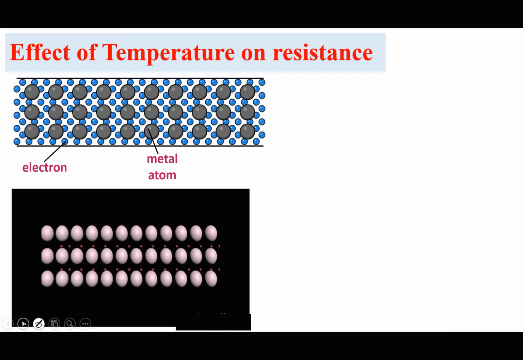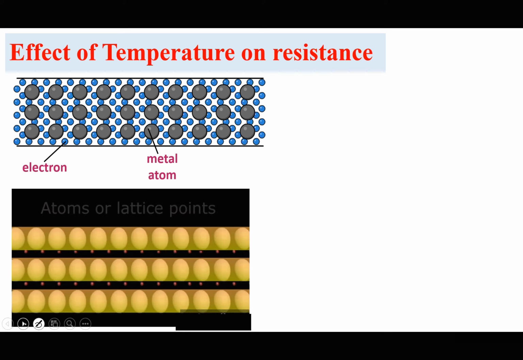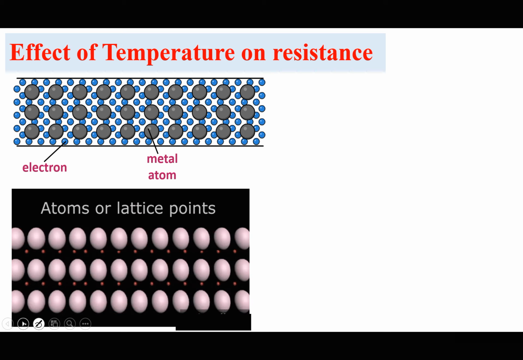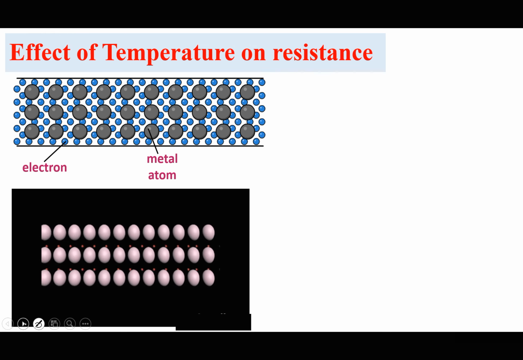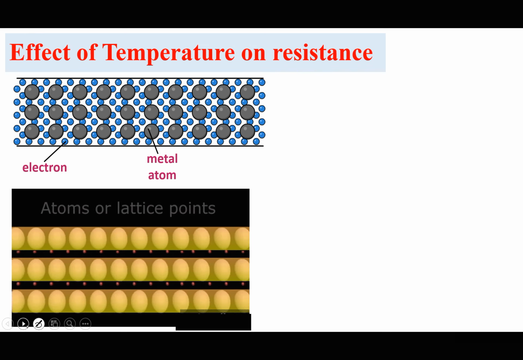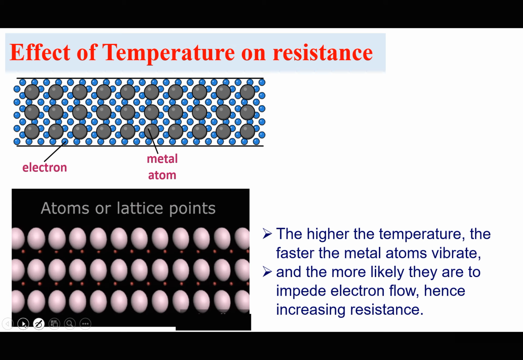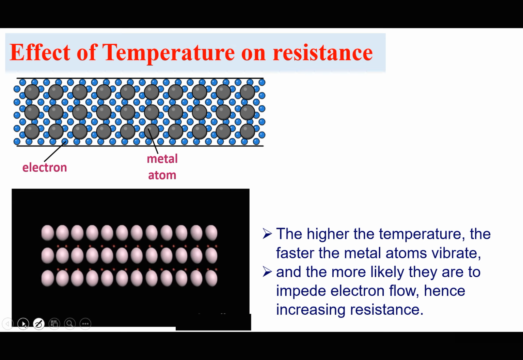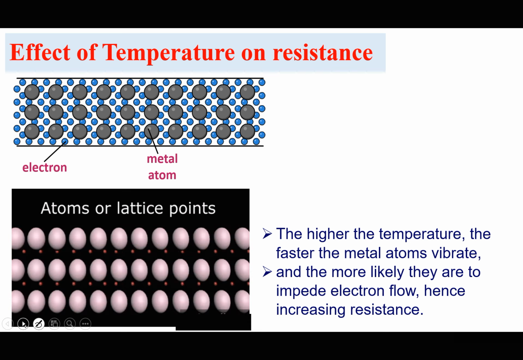That's why we say resistance increases, because as long as the free movement of the electrons is interrupted, then the flow of current is being interrupted. So we say the resistance increases as temperature increases. However, for a metal conductor, the higher the temperature, the faster the metal atoms vibrate, and the more likely they are to impede electron flow, hence increasing resistance.